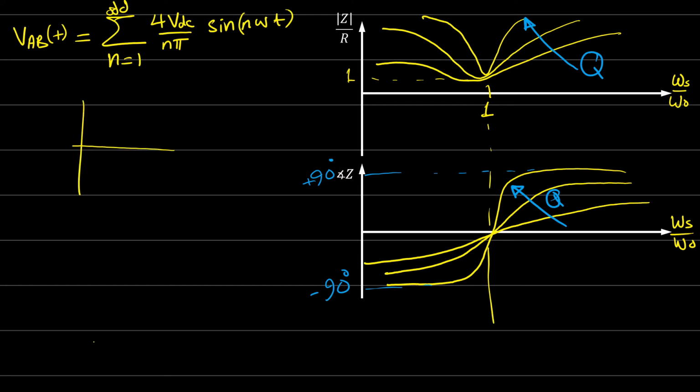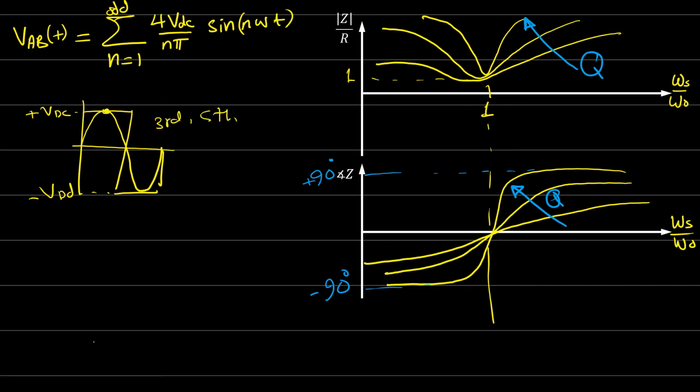Now, if we have a square wave like this, and this square wave, the maximum is plus VDC, minus VDC. So this, we said this is a fundamental frequency, right? The fundamental sine wave plus third harmonic, fifth harmonic, and so on.